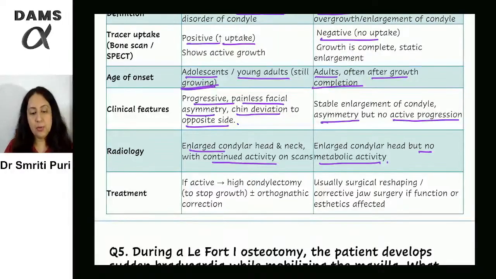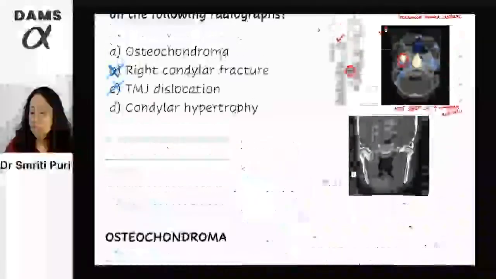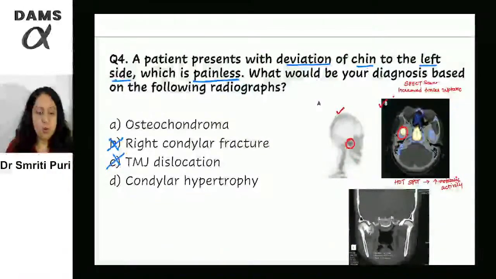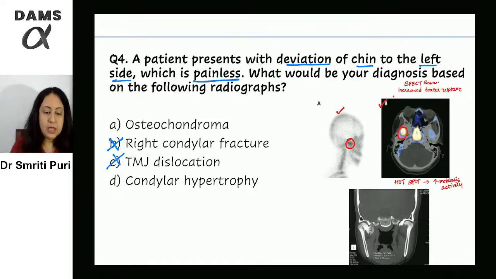And in hypertrophy, there is usually surgical reshaping of the condyle to give it proper form and function. Now I want you all to understand the difference. Look at the images again, read the question, and then decide between A and D.